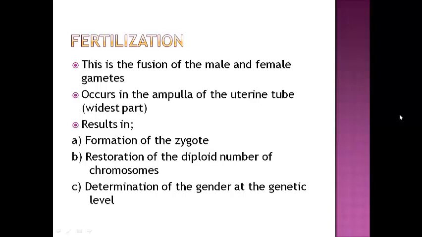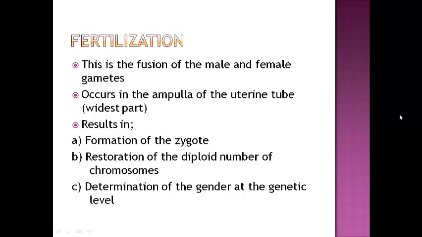The third thing that happens is determination of gender at the genetic level. Remember that chromosomes exist in pairs, and you have a pair found at the end of the genetic map or genetic diagram called the sex chromosomes, which can either be XX if it's a female or XY if it's a male.